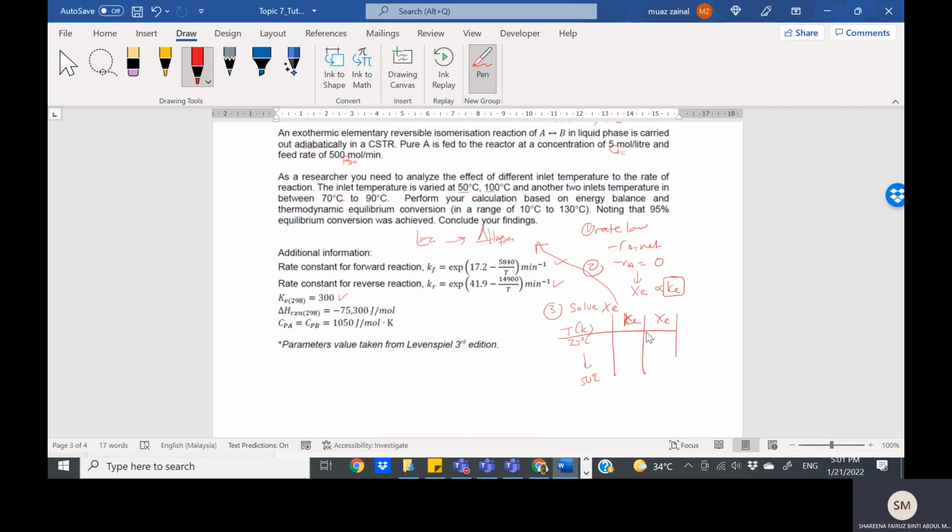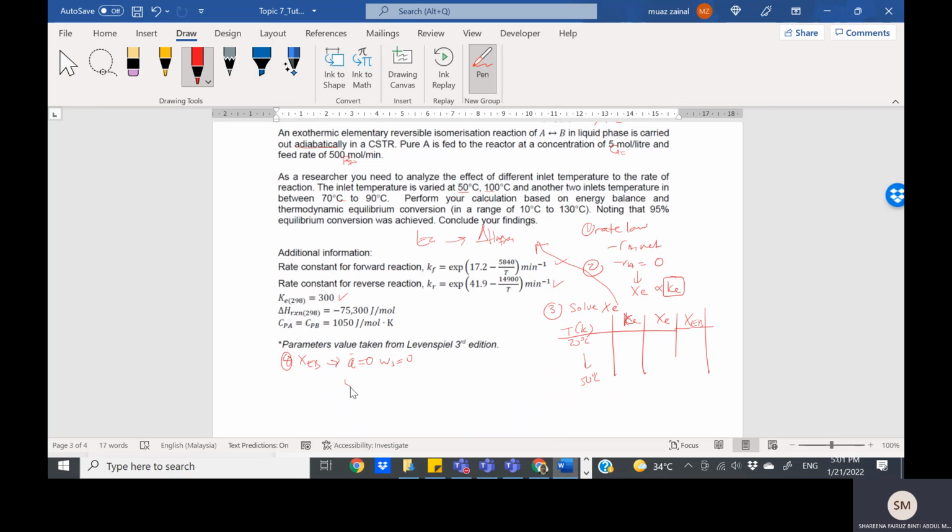Alright, so from there, what you need to do is get what is XEB from the energy balance. So Q will be zero, adiabatic, and WS will equal 0. So try to get another one, which is XEB here.